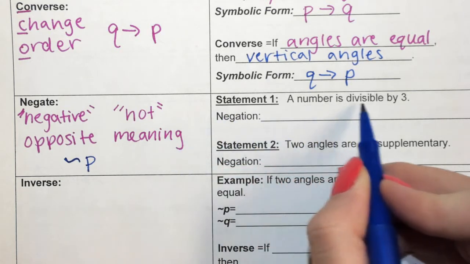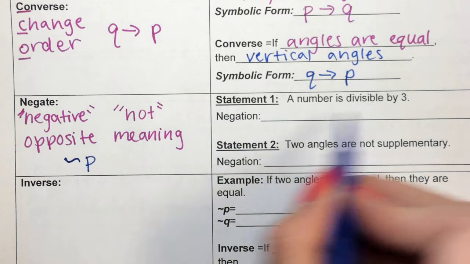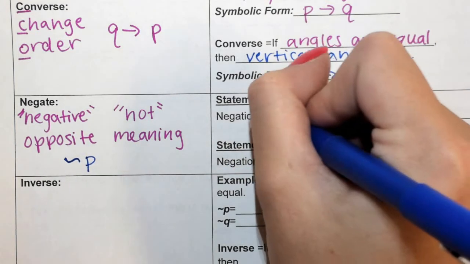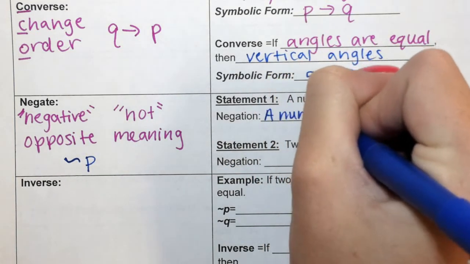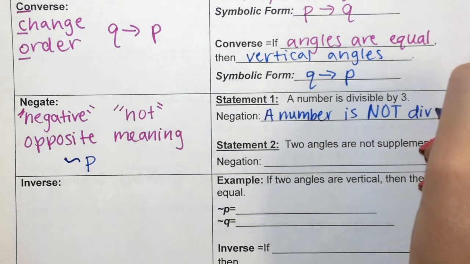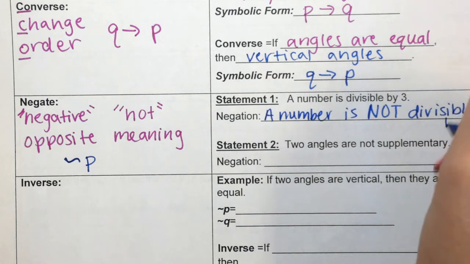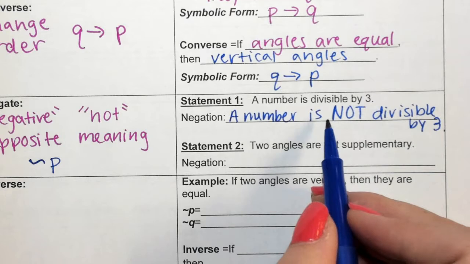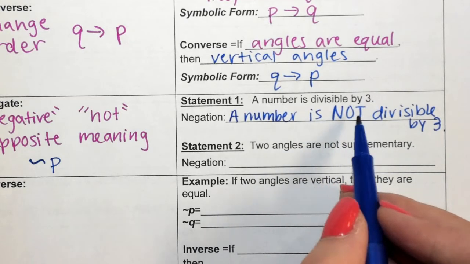So if we look at this statement, a number is divisible by 3. Our negation, all we need to do is put the word not in there. So a number is not divisible by 3. So you don't have to do any math or change what this says or anything. You literally just put the word not there.